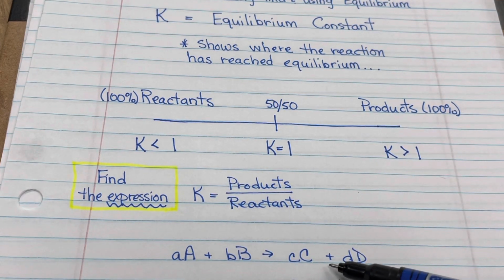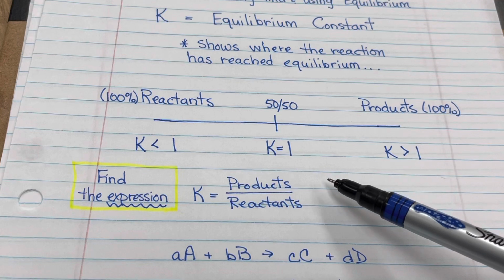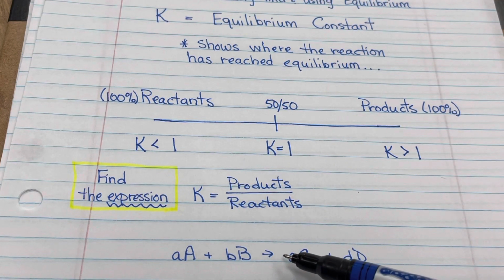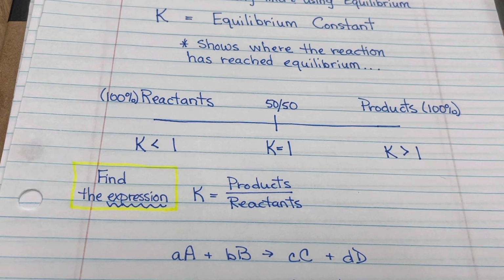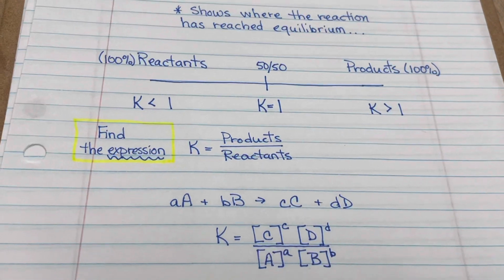Since C and D are both products, they'll be on top. A and B as reactants will be on the bottom. The little coefficients that we have will become the powers. So we'll square or cube or raise something to the 4th power when we're taking a look at the math involved in this expression. So the overall expression for this reaction would look something like this one.